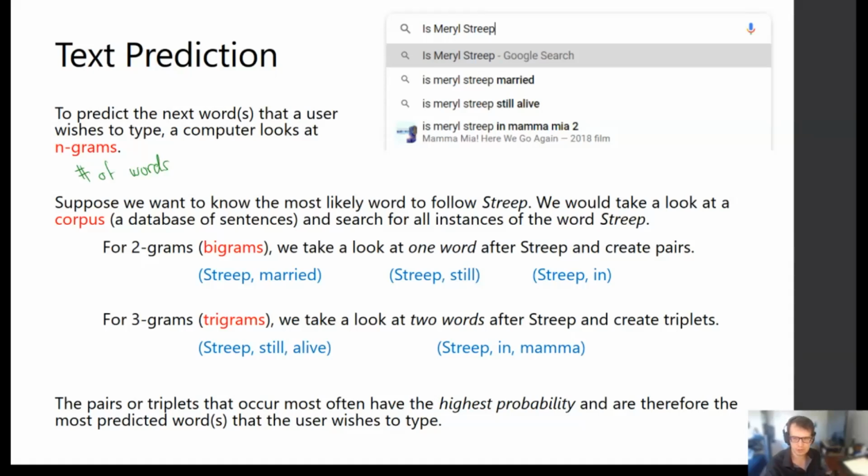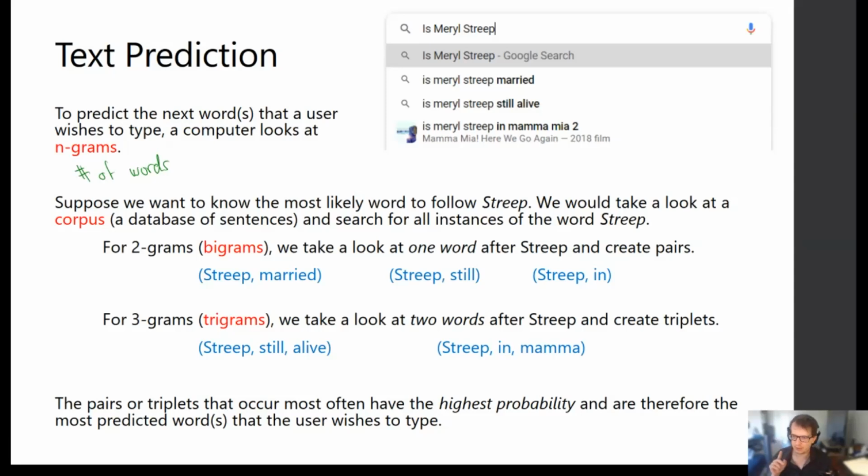So what a computer is going to do is take a look at a database of everything that's ever been typed into the search bar after Streep. So it's going to look for the word Streep, and take a look at all the words that have come after. So it might say, okay, let's take a look at 2-grams, so bigrams.